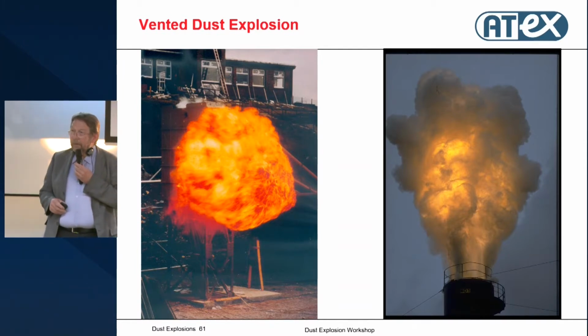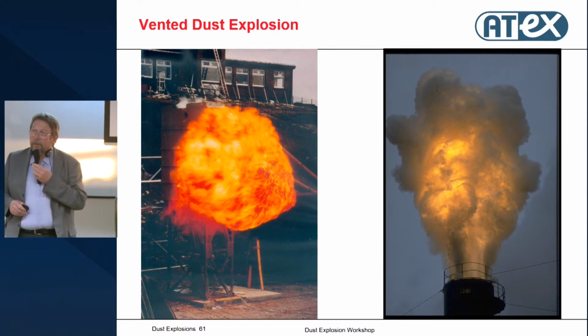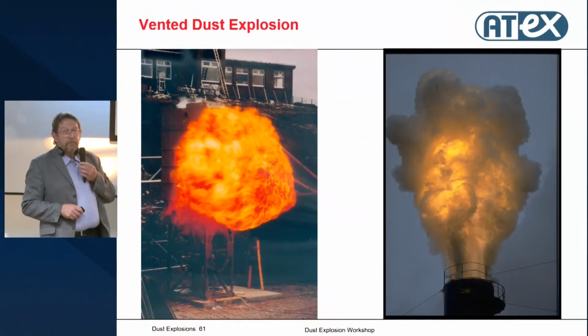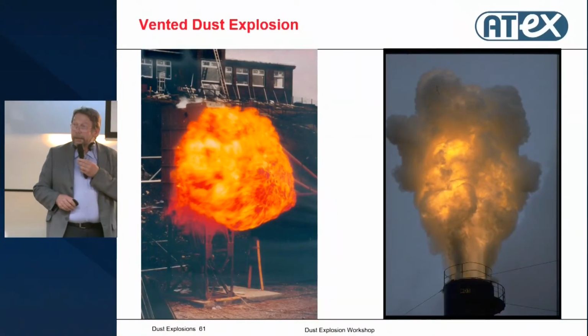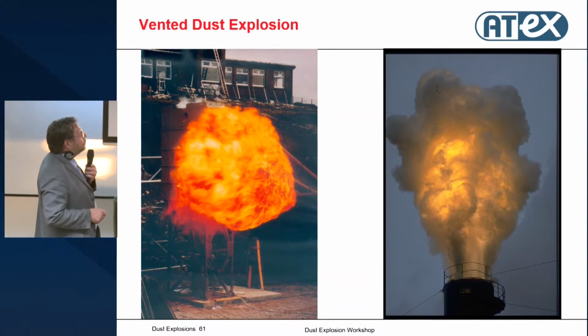That was financed at that time by the National Grain and Feed Association in the US. Then they asked us, can you build a silo that can withstand an explosion, so that we learn a little bit more? And that is the silo that you see here. I think we did about 250 large-scale experiments in it to study what an explosion can do.